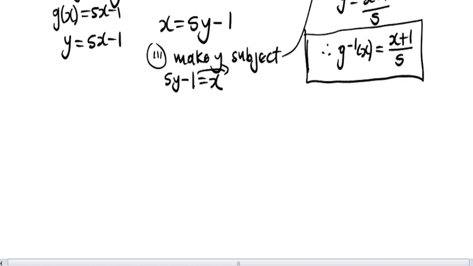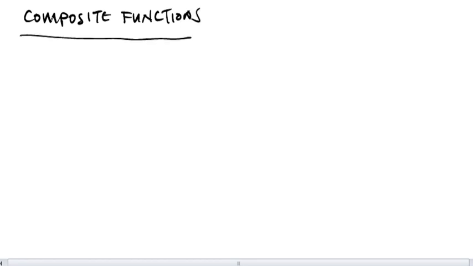All right, so that was on inverse. We now look at composite functions. They are also called functions of functions. So it's a situation where you have two functions.